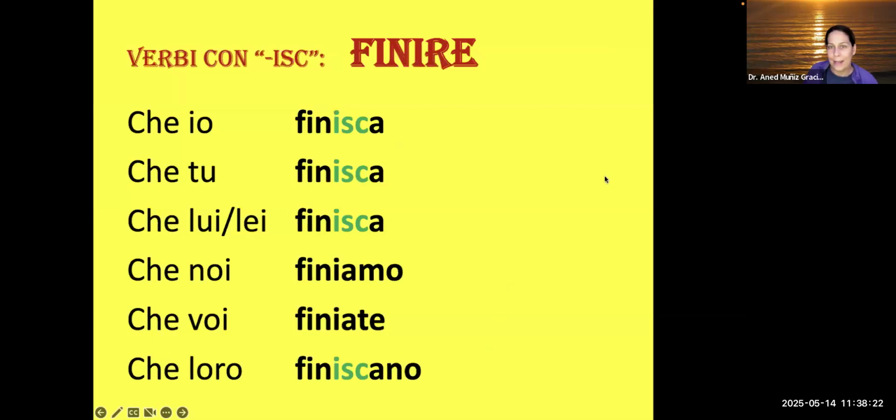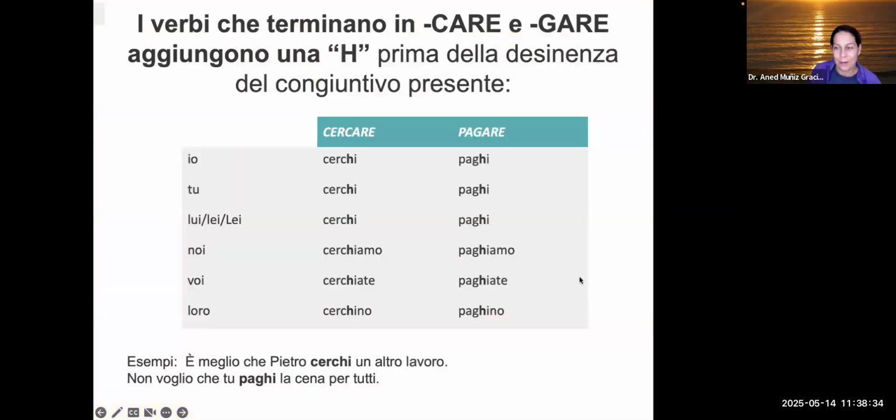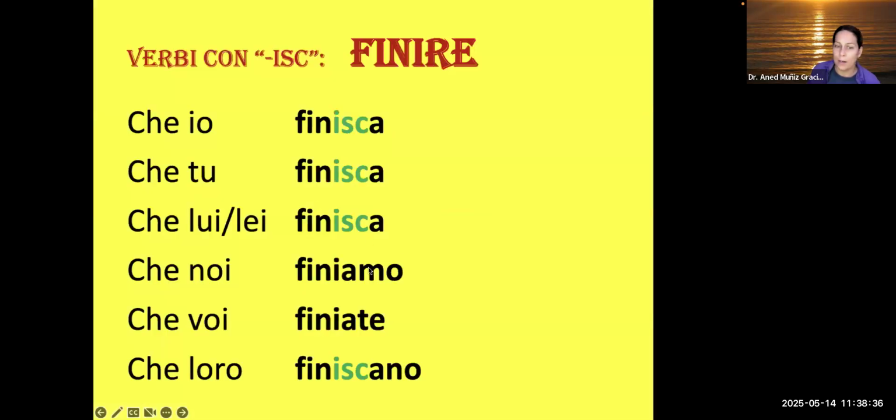And then the -ire verbs that use the -isc- have it in every form except the same ones where you don't use it in present, which is noi and voi. So if you had capire, it will be capisca, capisca, capisca, capiamo, capiate, capiscano. Right.